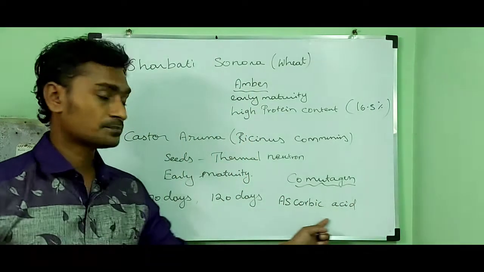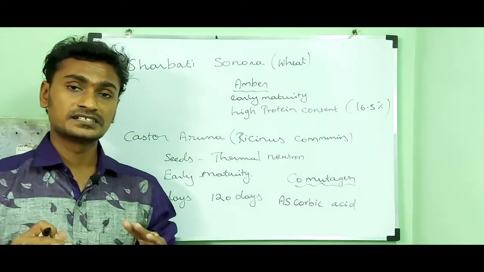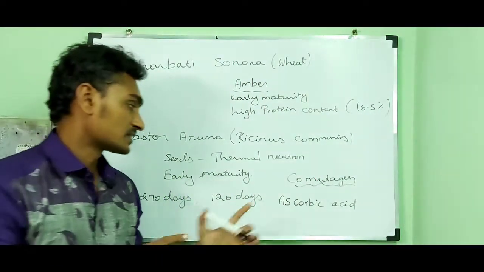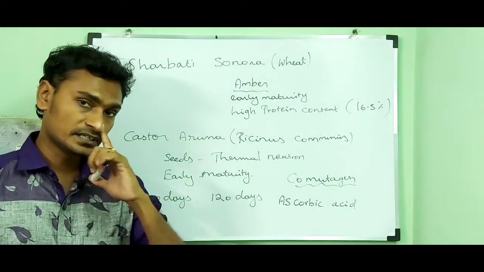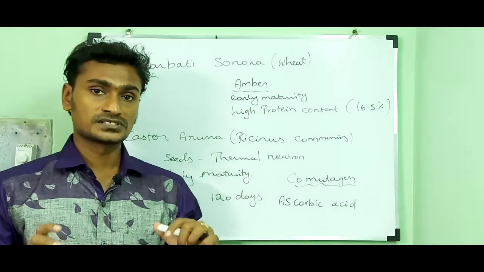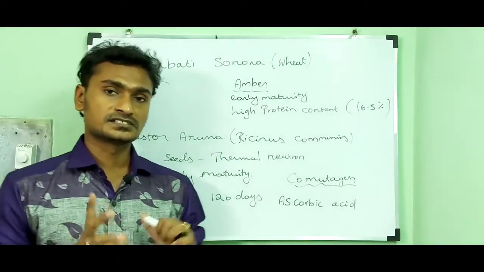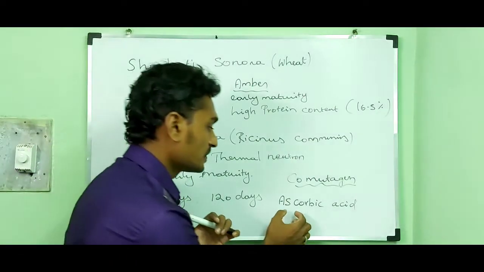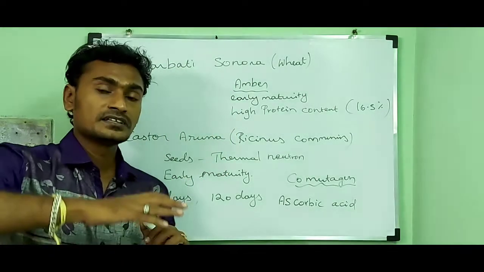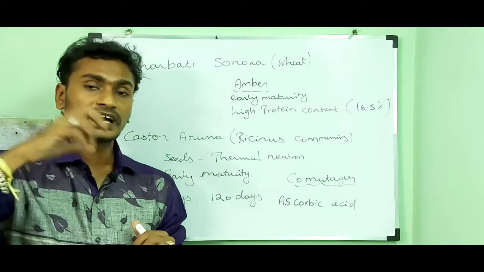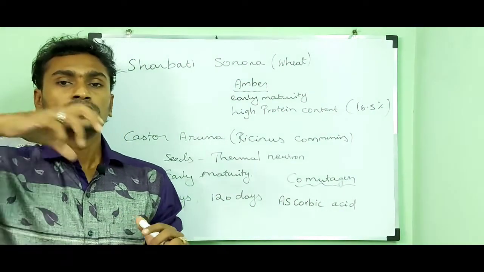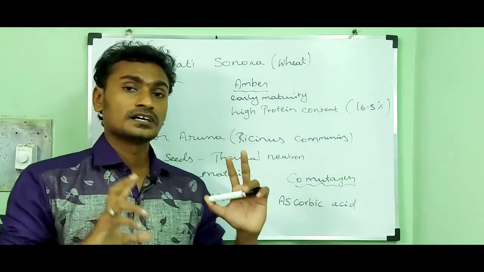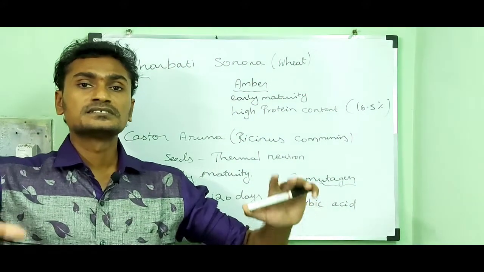Actually, ascorbic acid is an antioxidant. It is used in the free radical stress process. But if the ascorbic acid content increases in the cell, the hydrogen peroxide comes in contact with the ascorbic acid and damages that cell.